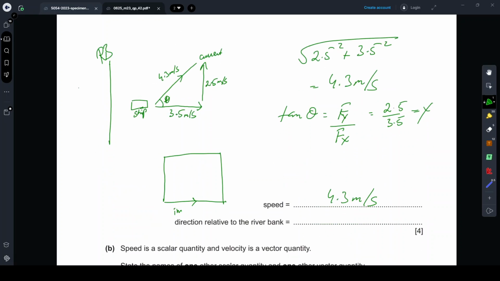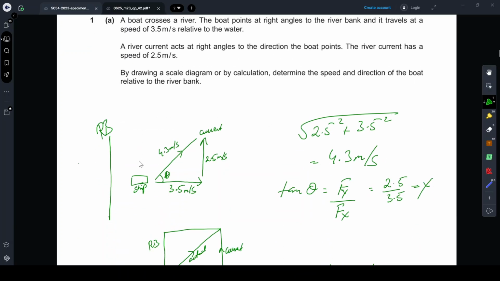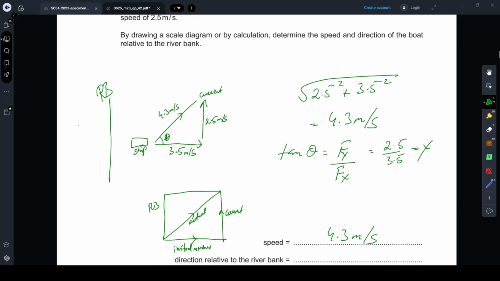This is the initial movement, this is the current, this is the riverbank, and this is the actual movement of the ship. They're asking us to find the speed, which we have, and the direction of the boat relative to the riverbank. So the theta that we need to find is actually this one.